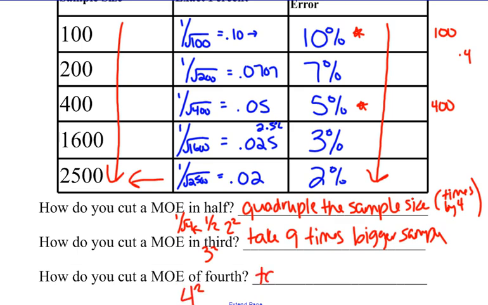So take it times 16. If they ask you how to cut a margin of error in fifths, you take 5 squared, so you take it 25 times bigger. So if they ask you to cut your margin of error, you'd have to take a much bigger sample, wouldn't you? And the more they want you to cut it, the bigger the sample would be.